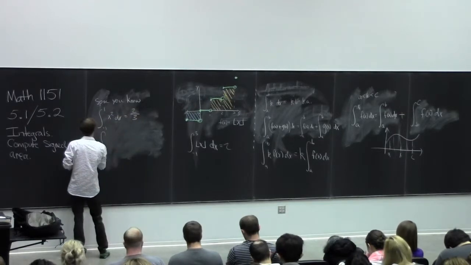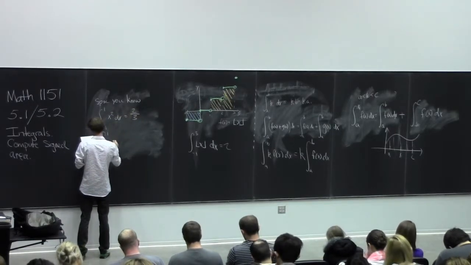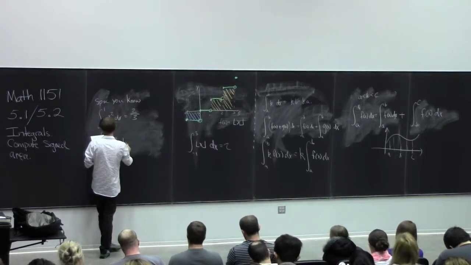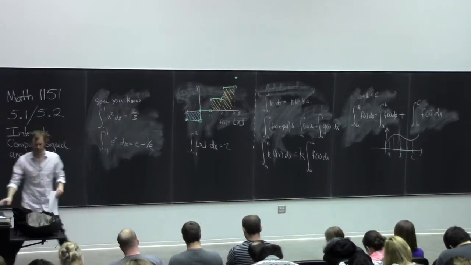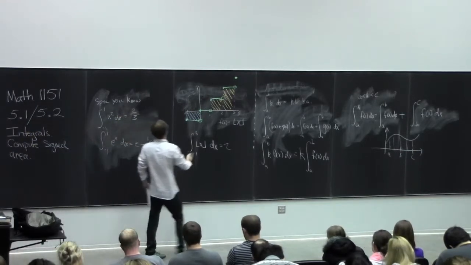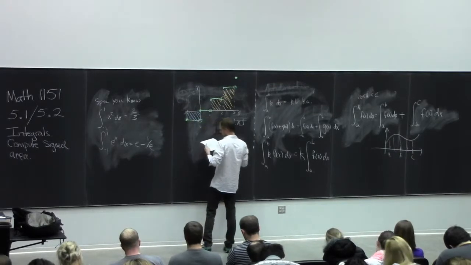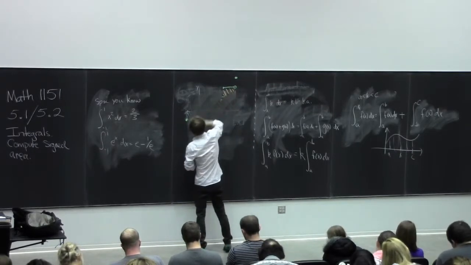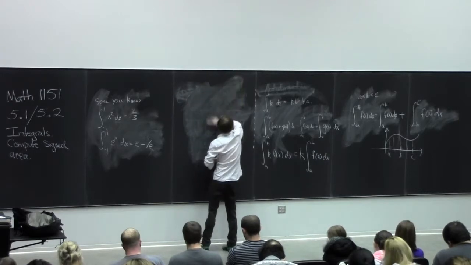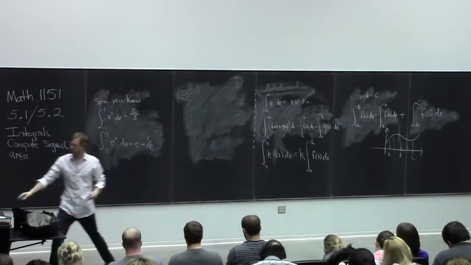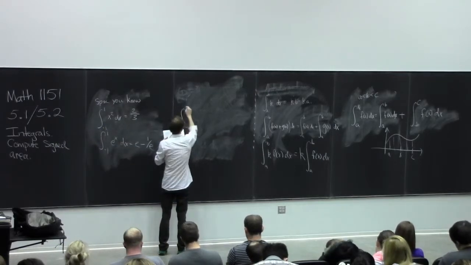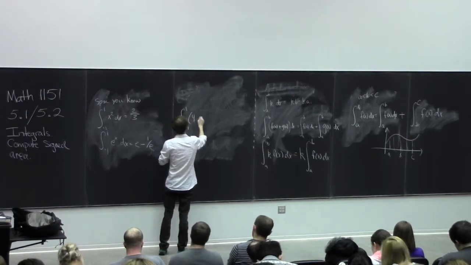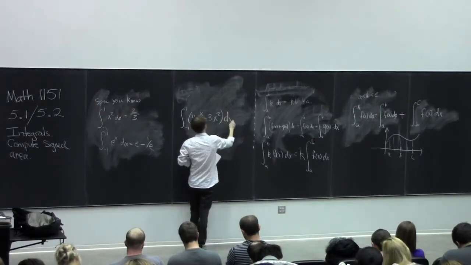And you also know that the integral from -1 to 1 of e to the x dx is equal to e minus 1 over e. So my question is, what is the integral from -1 to 1 of 4 e to the x minus 3x squared dx?